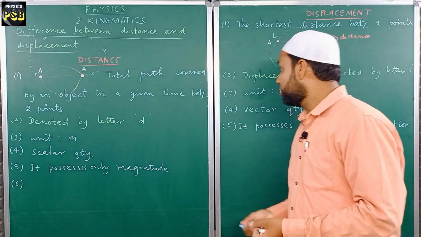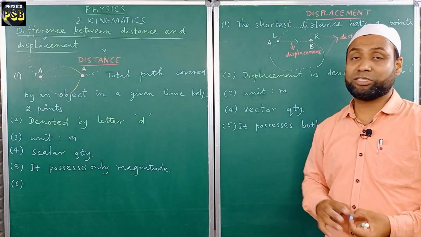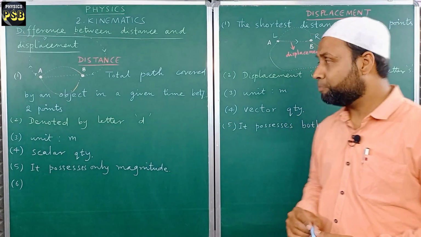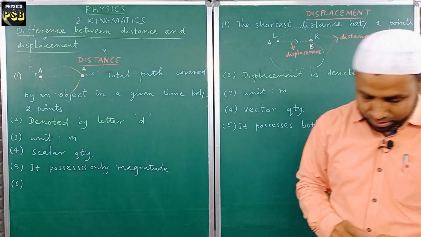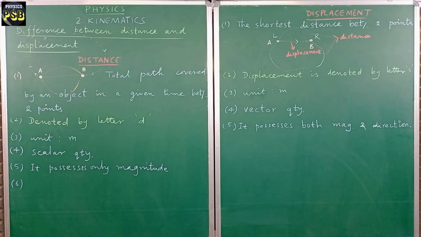So it won't be wrong if we say that the displacement has got a direction and the distance has no direction. That's what it is, a scalar quantity, and displacement is a vector quantity. Okay. The next, you might have heard about a physical quantity called speed.